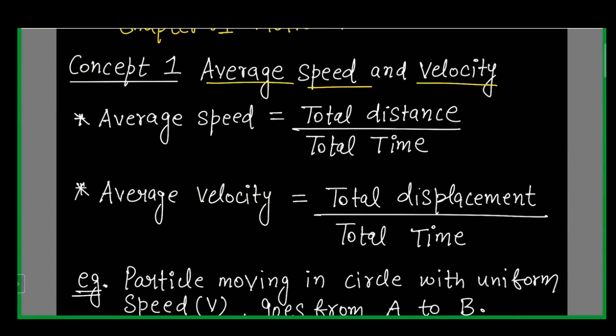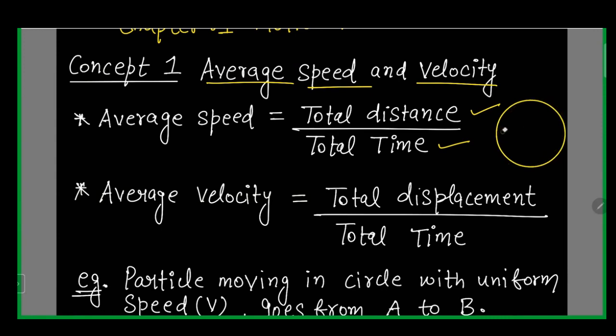So average speed is nothing but total distance upon total time. So whatever is the total distance you have covered. What is distance? Distance is the total length that you have traveled. So let's say you start from a point and move in a circle.